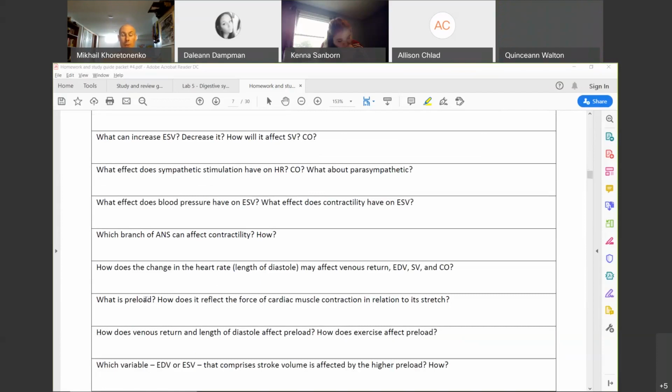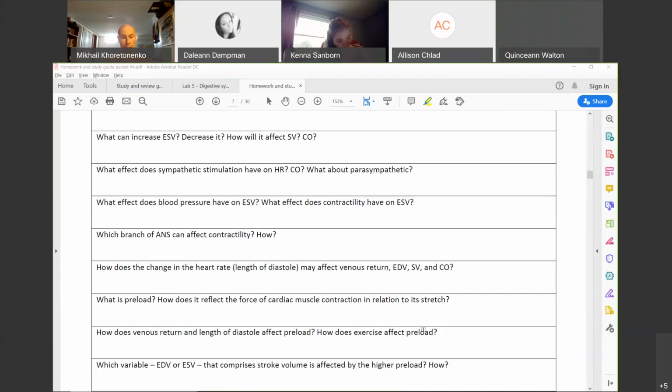When preload is increased, basically when the amount of blood that goes into the heart is elevated, the heart stretches more, but contracts harder, therefore increasing cardiac output. Cardiac muscles, as they are stretched, can contract harder. So increased venous return and increased length of diastole, increased preload, increased cardiac output.